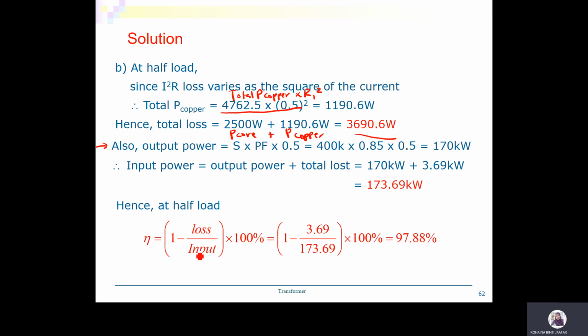And then you have to get the efficiency from this formula: 1 minus loss over input times 100. So 1 minus loss, 3.69 kilo over your input power, 173.69 kilo, so we will get 97.88%.